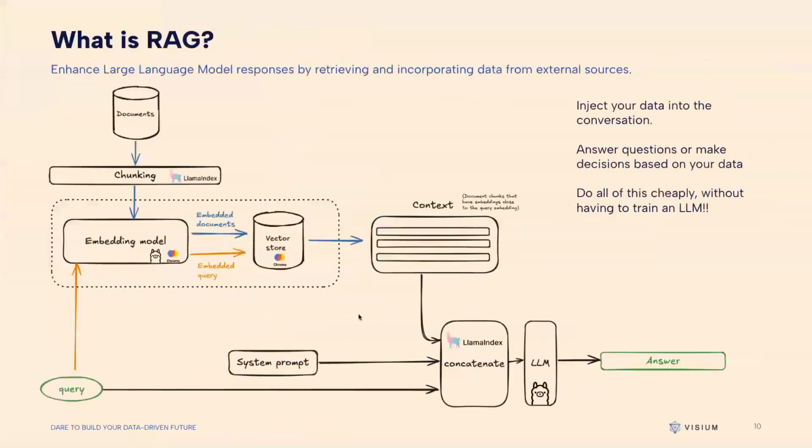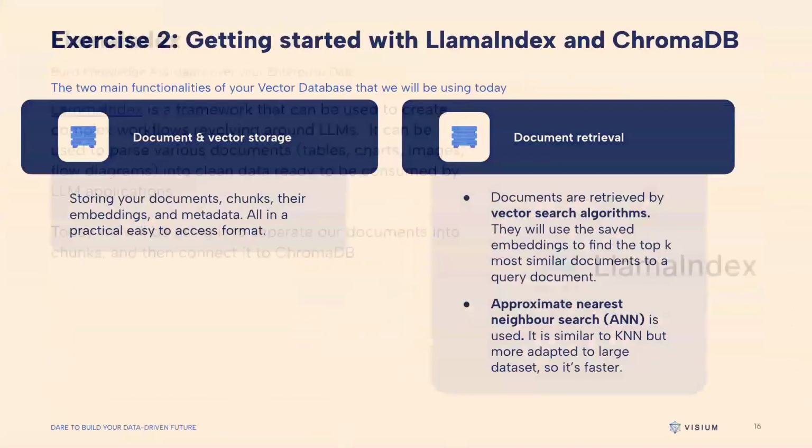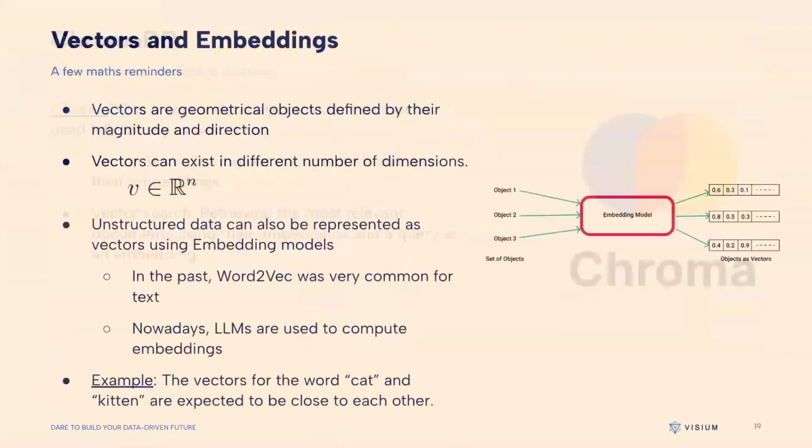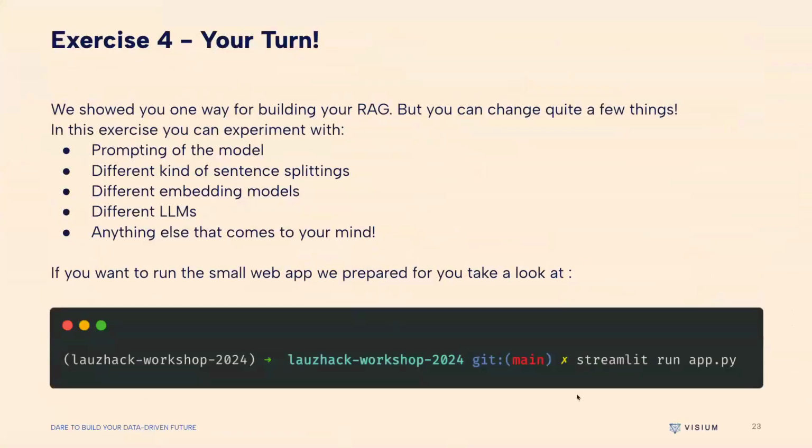Let's quickly go back to the slides. So this is embedding. We also had a Streamlit app where you could fill in some code to have something working and try and customize it a bit.